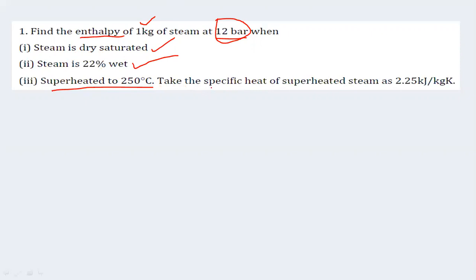We call the term the specific heat of superheated steam, which is written as Cp sup, as 2.25 kilojoules per kg Kelvin. Even if it is not given in the question, you can assume this as your standard value when you are finding for a superheated steam.